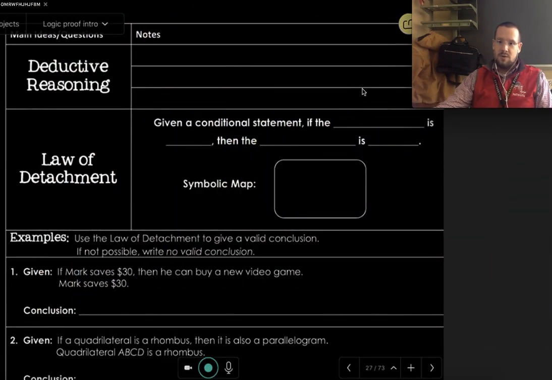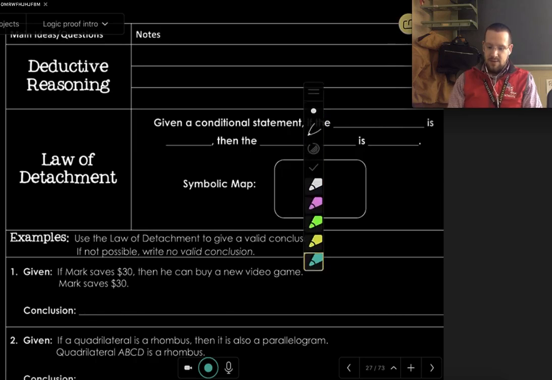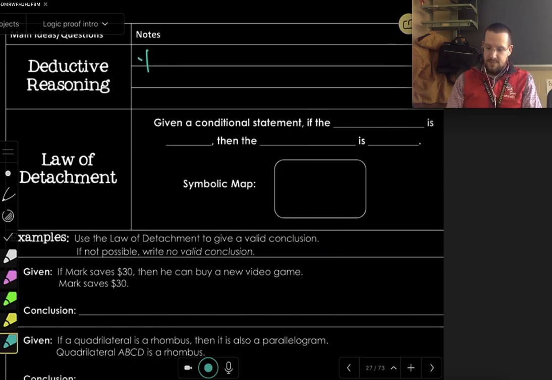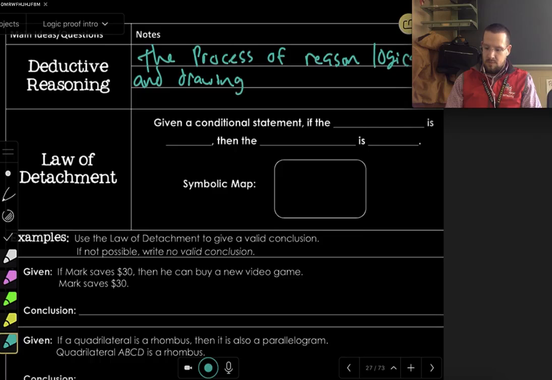Well, the first thing we are going to look at is what is called deductive reasoning. Now, deductive reasoning, this is the process of reasoning logically and drawing conclusions given facts and statements.